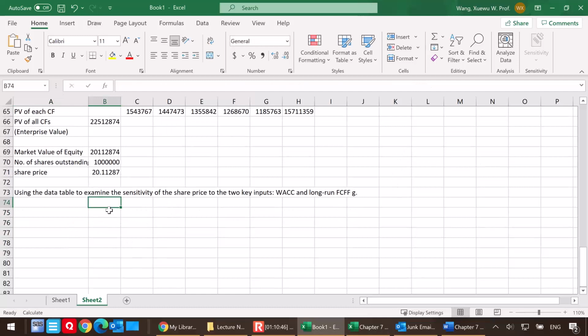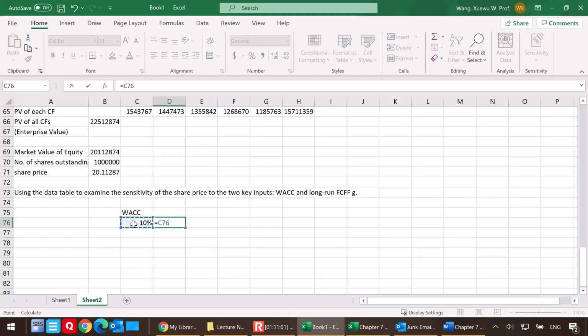I just want to look at what is a reasonable range for the weighted average cost of capital. So I'm going to set up everything in a row. I'm going to go as low as 10%, and I'm going to go by 2% increment each time. This is only for illustration.